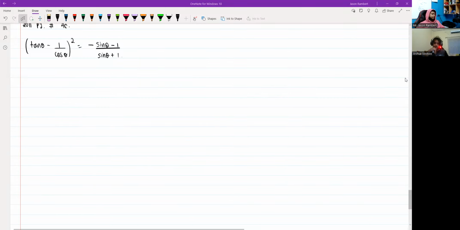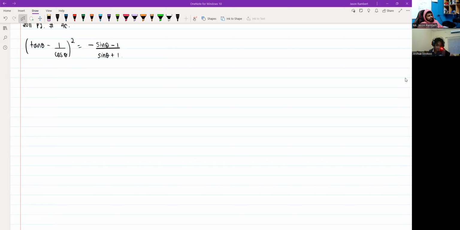What was your first step? So recall tan theta is equal to sine theta over cosine theta. I worked the brackets first. It'll be sine theta over cosine theta minus 1 over cosine theta, same denominator, so put them together. So sine theta minus 1 over cosine theta all squared.